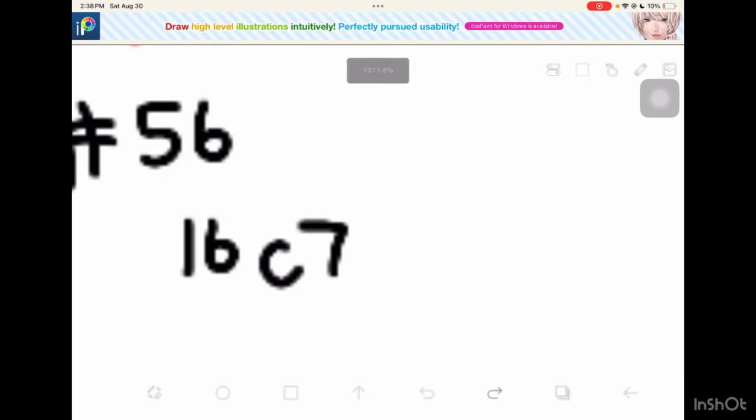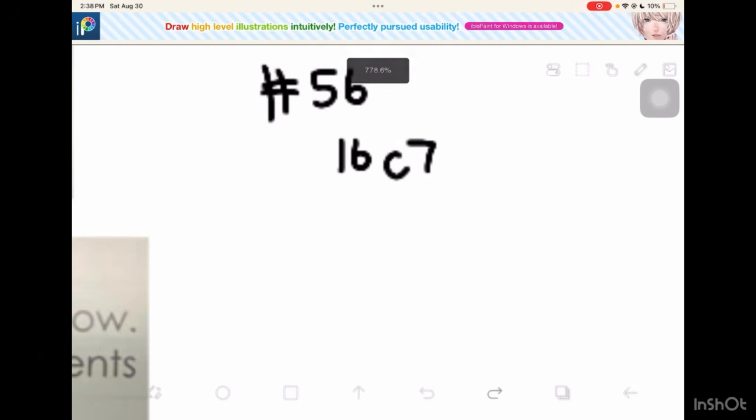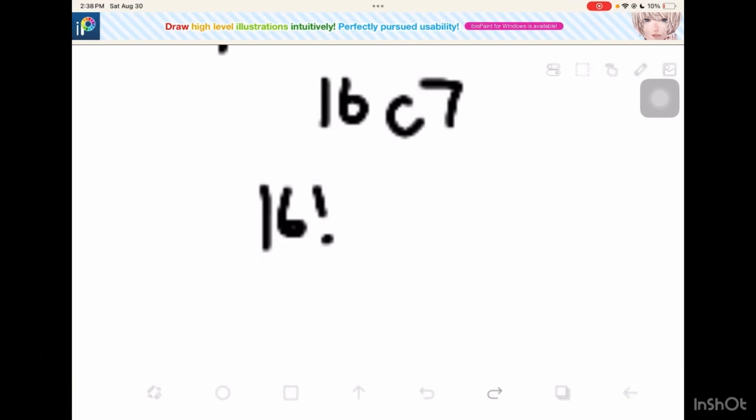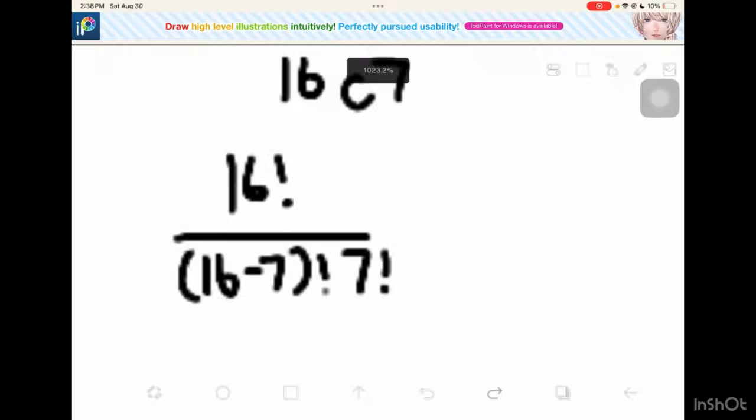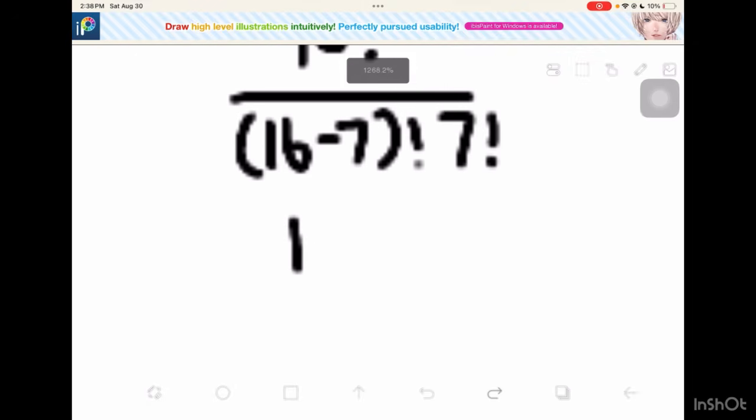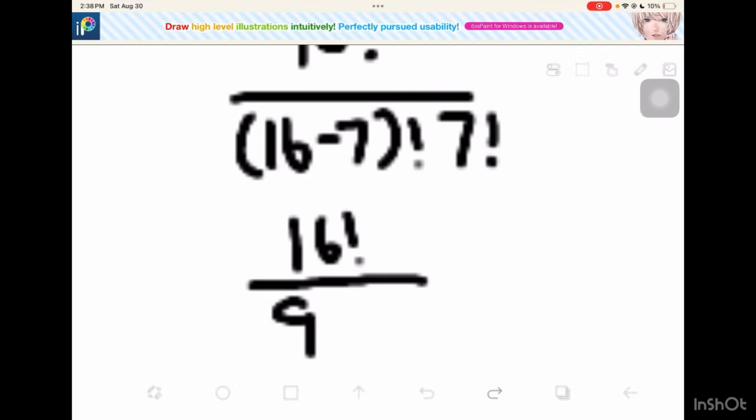7. 16 C 7 is equal to 16 factorial over 16 minus 7 factorial times 7 factorial, which is 16 factorial over 9 factorial times 7 factorial.